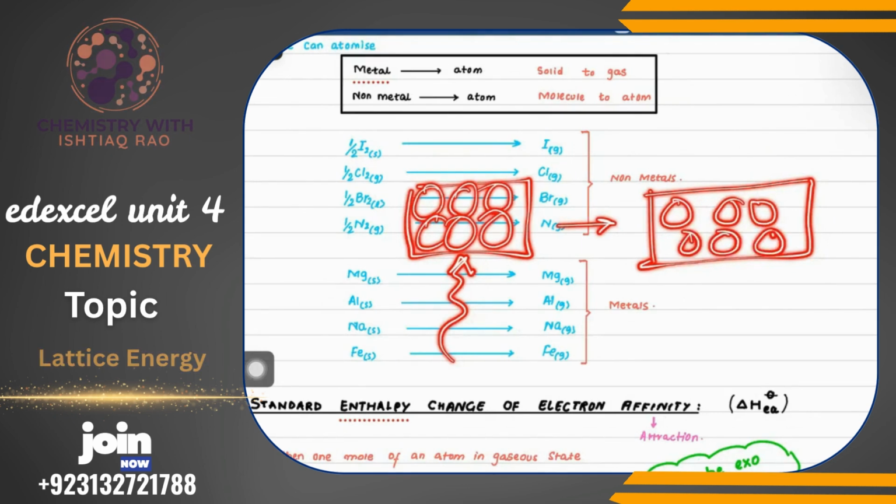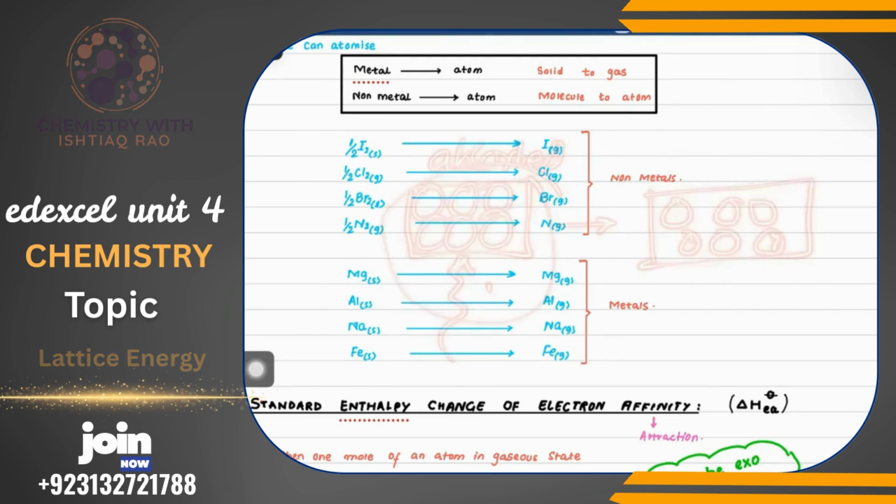So you have overcome the force of attraction. How? You have provided energy and the solid has absorbed your energy. Since the energy is being absorbed by the solid, this is endothermic. It's not going to release energy. Energy is going to be absorbed by the solid. That's why it's endothermic. Same goes for the molecule.